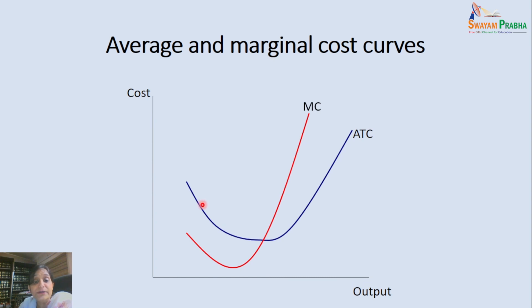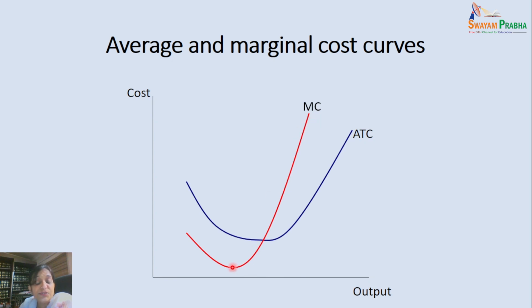And if you carefully see both these curves, what do you see? We see that the marginal cost curve intersects the average total cost curve, or the average cost curve, when the average cost is minimum. The point where average cost is minimum, the marginal cost curve will intersect it. Or we can say that when average cost is minimum, at that time average cost becomes equal to the marginal cost.